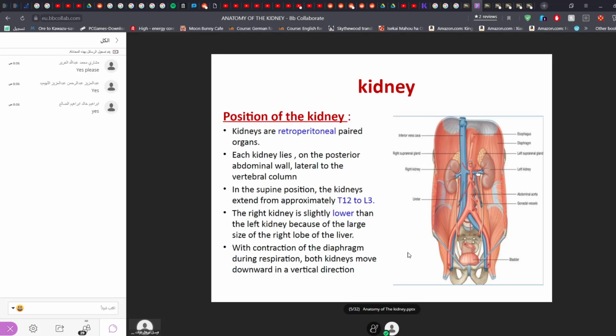The left one is easier to take out as compared to the right one. So this is clinically important: the left kidney is easier to take out for renal transplant.